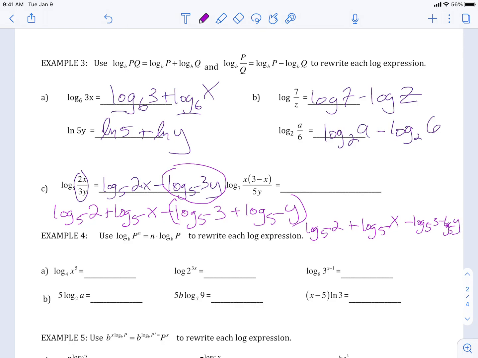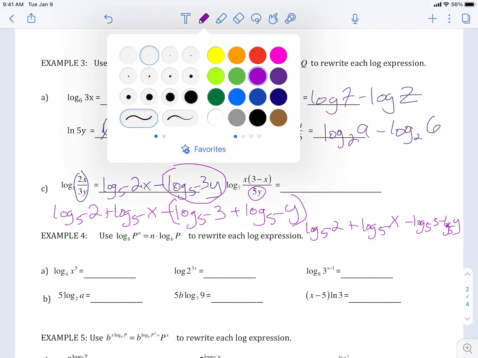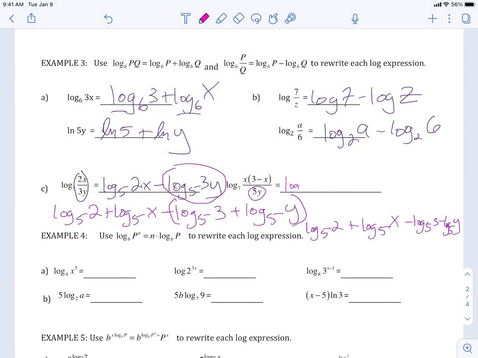All right, so the same thing here. We know that it's in the denominator, so it's going to be minus minus. So I guess if you want to skip steps, you could just say log base 7 of x plus log base 7 of parentheses 3 minus x minus log base 7 of 5 minus log base 7 of y.